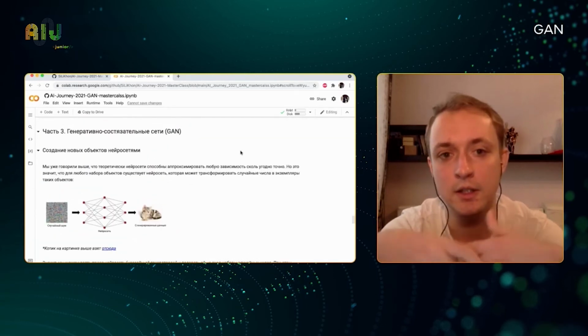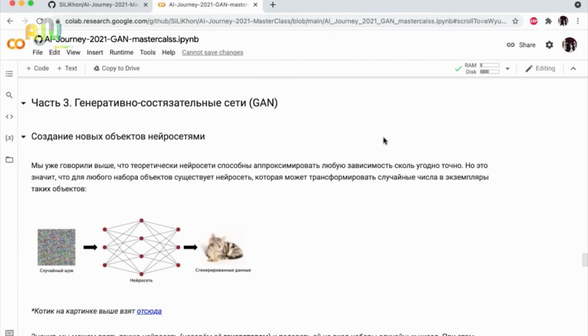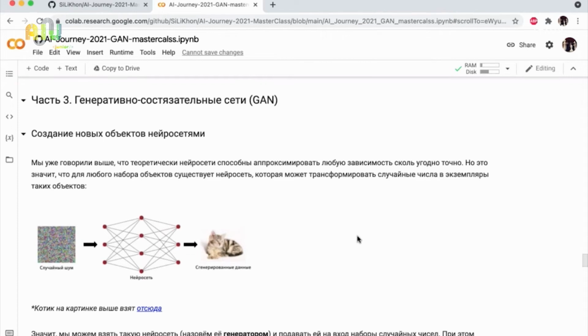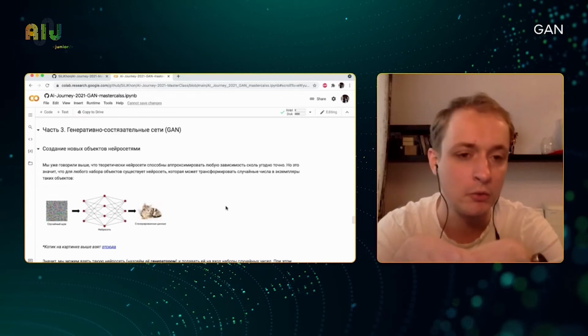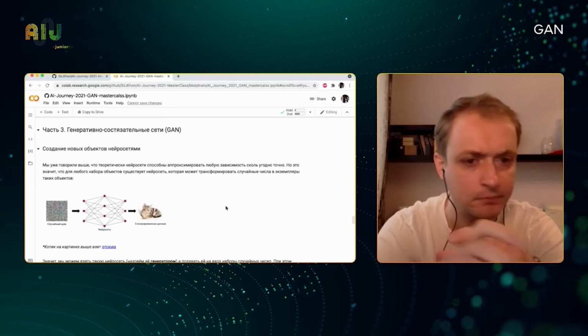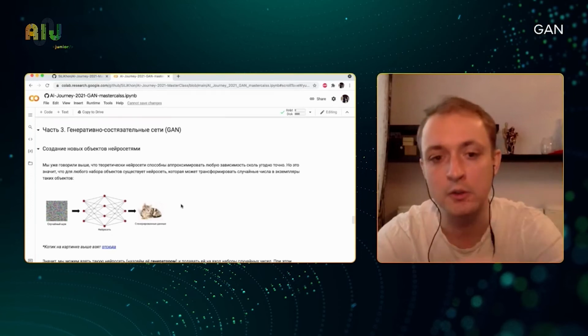So now our next part is on generative adversarial nets. It's part of creative networks that can reproduce and produce some objects. How can it be done? There can be a number of approaches.